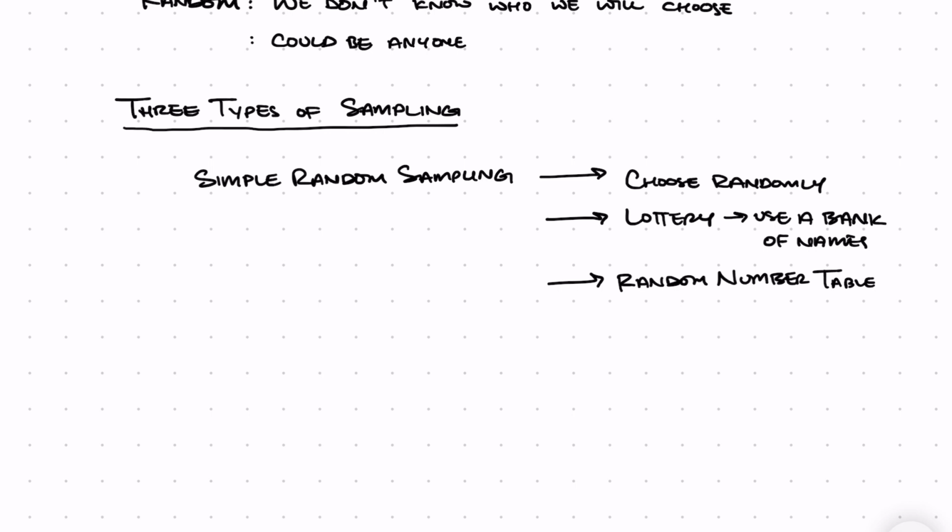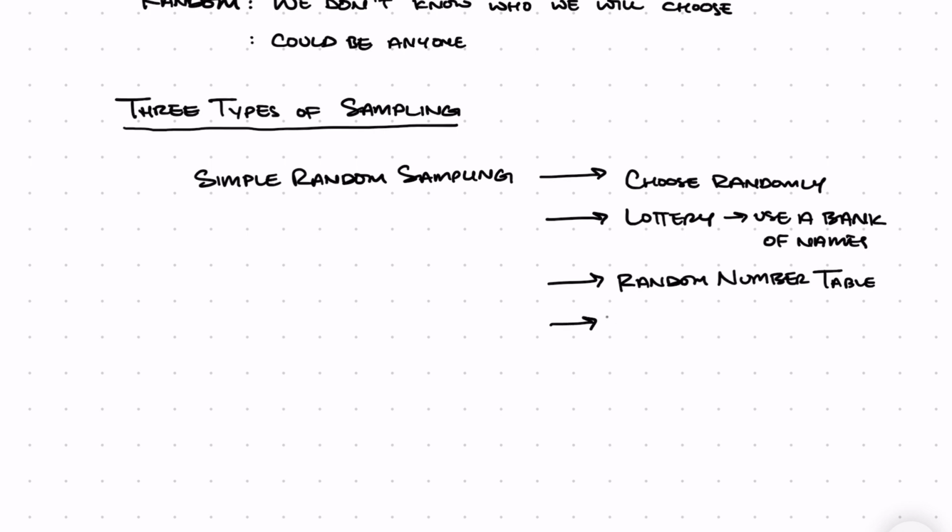Let's say you assign everyone in the school numbers from 0 to 500, and then you choose random 3-digit numbers. At some point you'll get the number 093, that's person number 93. You go through your list, choose that person, and keep circling numbers until you get the total that you need for your sample size.